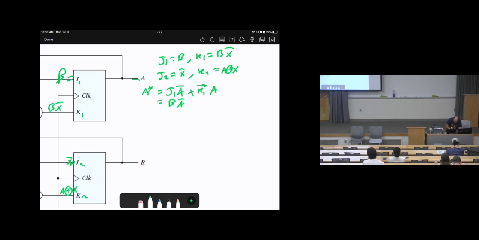So it will be B A bar plus K, which is BX bar times A, right? Then do the simplification, or let's make it easier, which will be A bar B plus A B X bar.